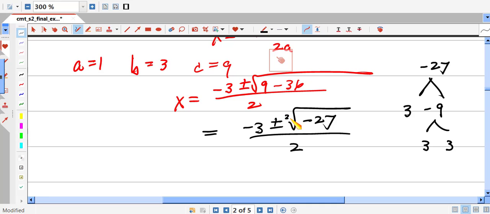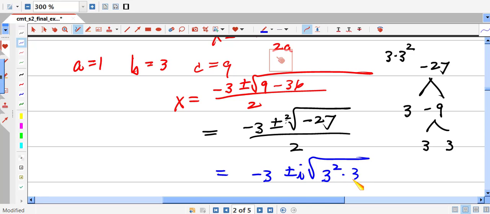So I'm taking a square root, so I'm going to rewrite negative 27 as 3 times 3 squared, because I'm trying to rewrite the factors to the same power as the index of the radical. Okay, so that's going to give me negative 3 plus or minus the square root of, and I'm just going to write i out there because I know I have a negative number I'm taking the square root of, 3 squared times 3, all over 2.